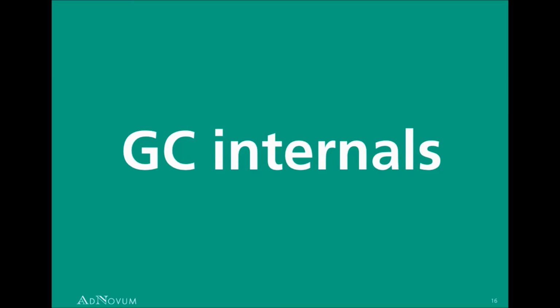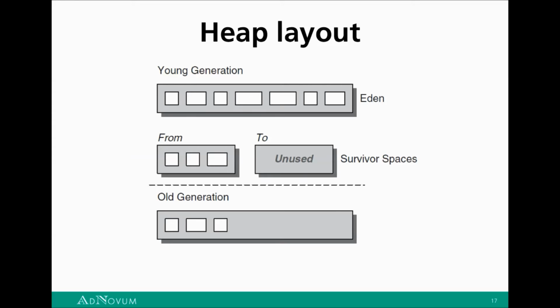Now, let's actually get started. Or now that you know what you're looking for, let's talk about how the JVM goes about achieving these things. First, some common aspects to all the garbage collection algorithms that will be shown here. As I mentioned before, the heap is divided into a young generation and an old generation.